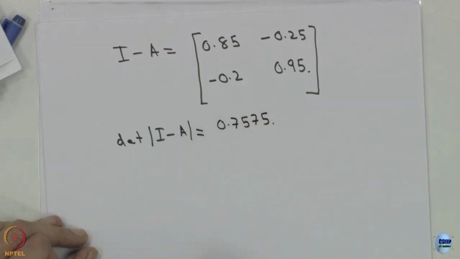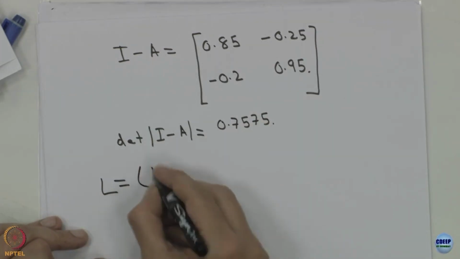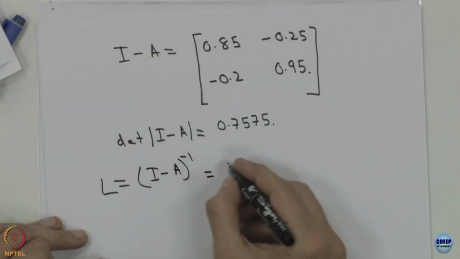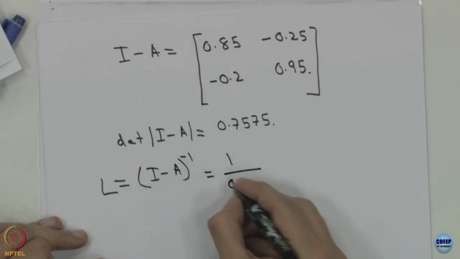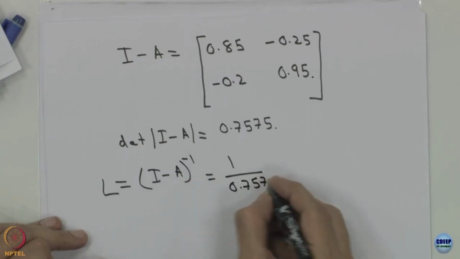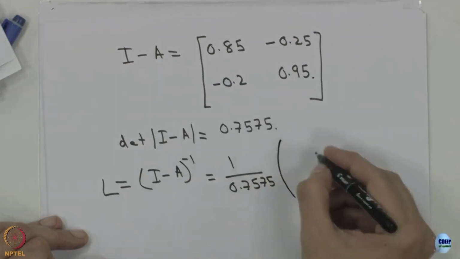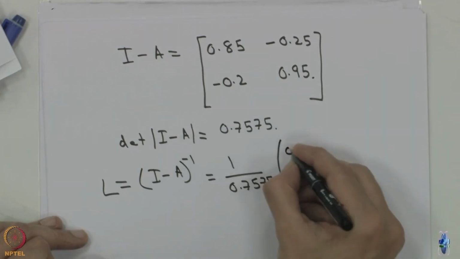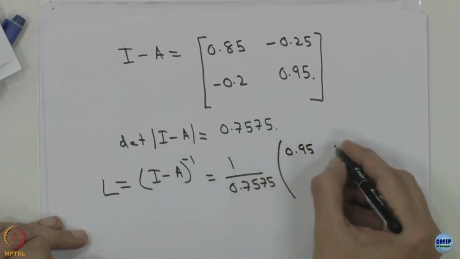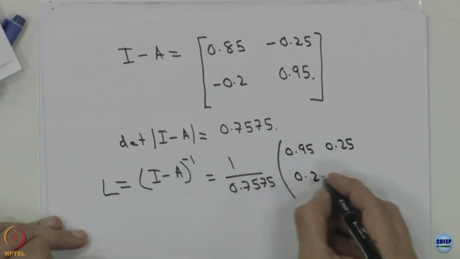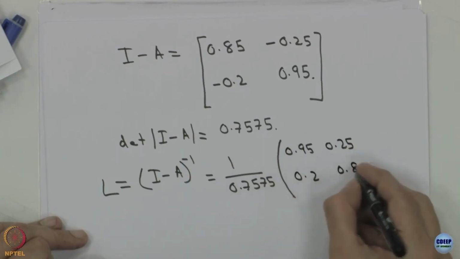It comes out to be 0.7575, and so the Leontief inverse, I minus A inverse, is 1 by 0.7575 times the matrix 0.95, 0.25, 0.2, 0.85.